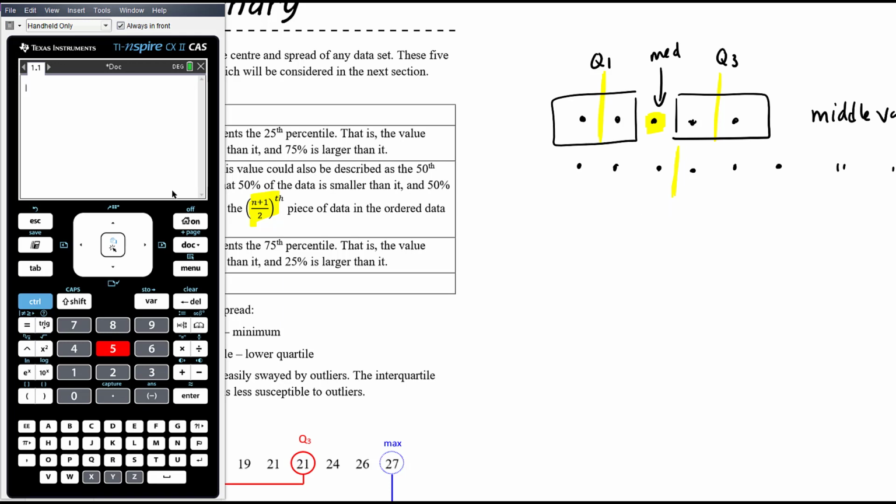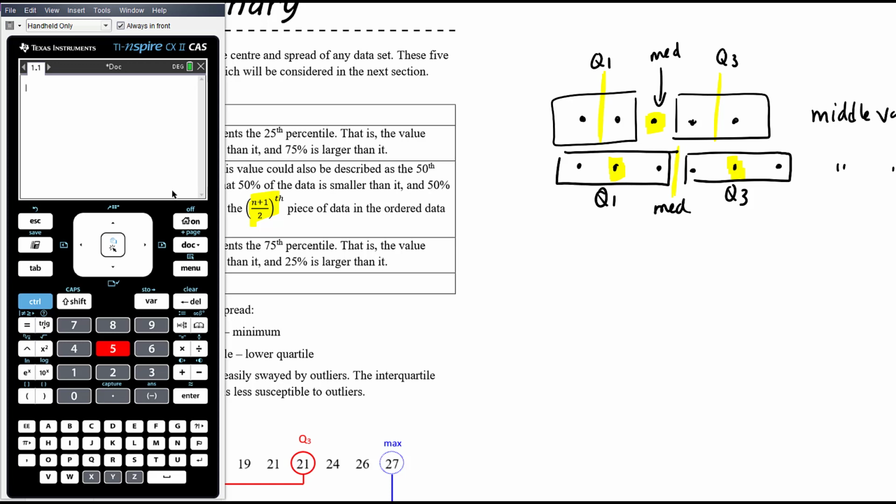Okay. When we've got our 6 pieces of data, the median's not an actual data value. So there's 3 bits of data in the first half. That will be Q1. This one up here will be Q3. So Q1 is here, Q3 is here, and the median is here.